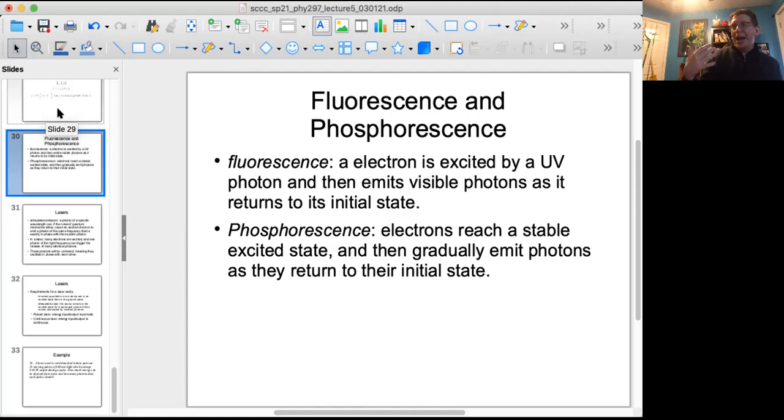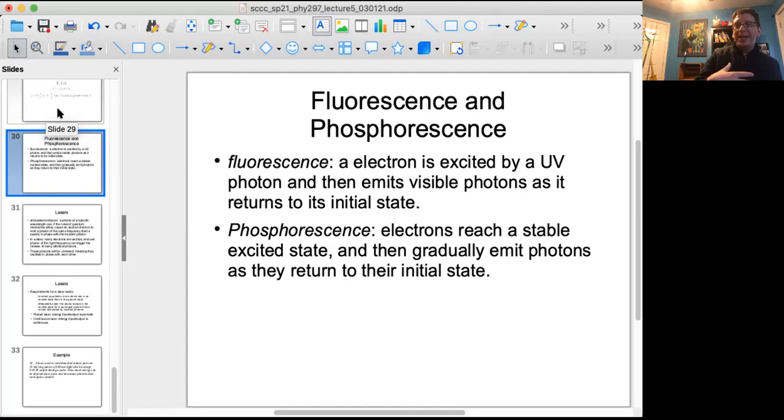So if you have something that glows in the dark, well, what's happened is it's been exposed to a certain amount of radiation, and the material has been sent up to an excited state, but it takes time to cool back down, for lack of a better way of putting it.